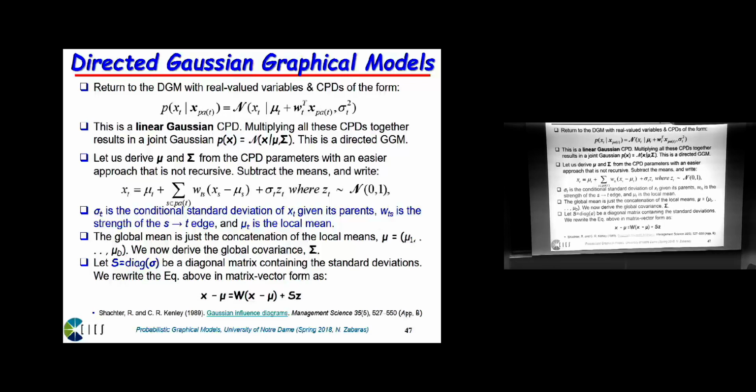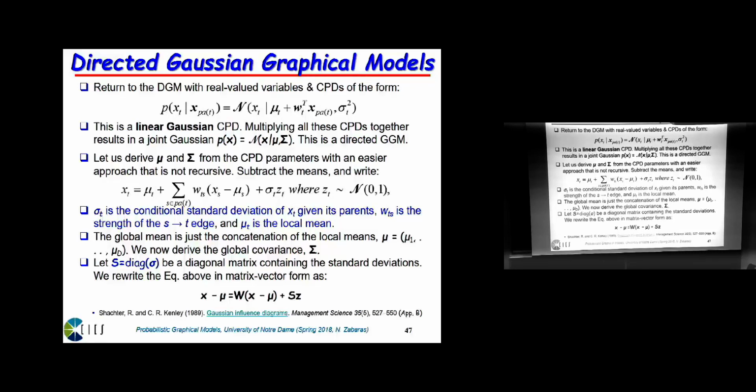X minus mu as a vector equals a lower triangular matrix W, similar to what we had before, times X minus mu, plus a matrix S, which in this case is the diagonal that contains the noise variances. Before we had the square root of the variance, so this is the standard deviation, so this is correct.